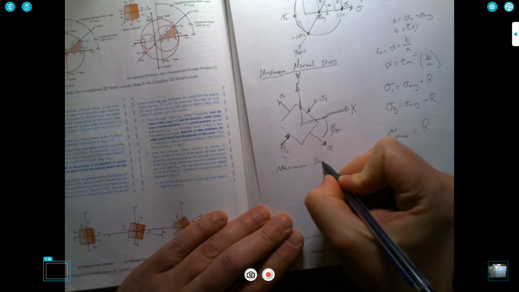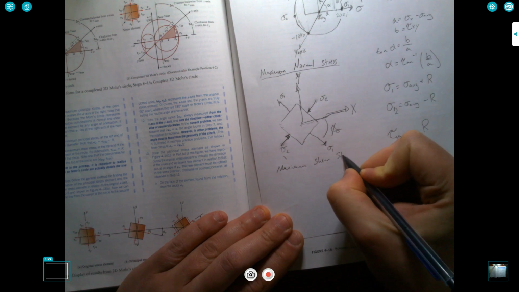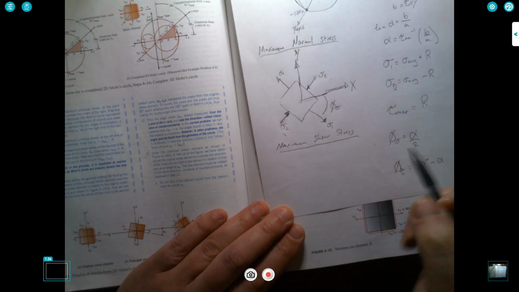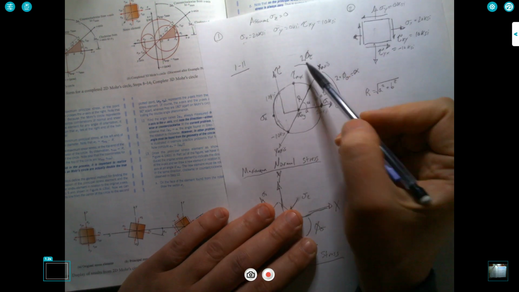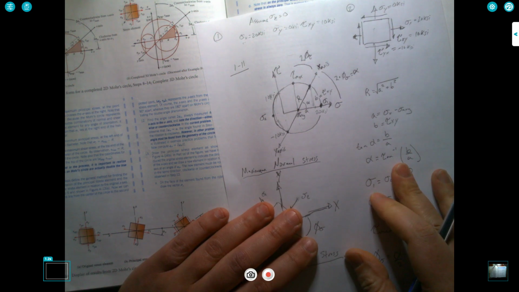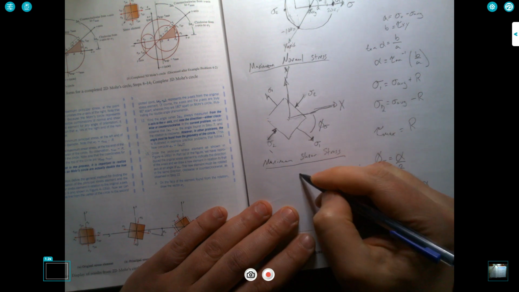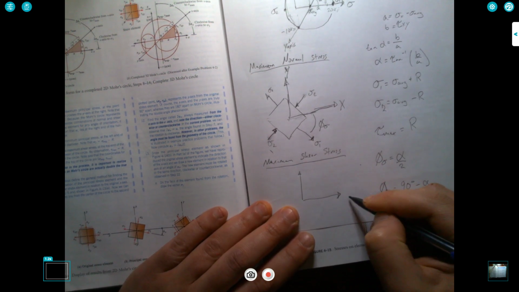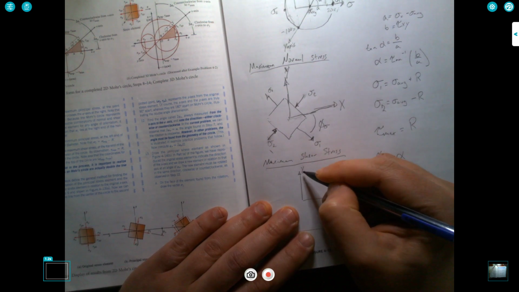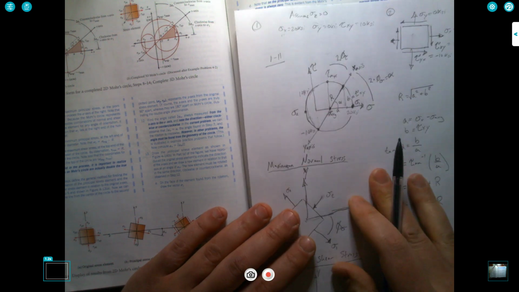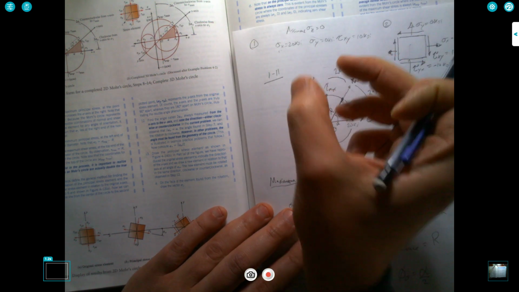And this is our max shear stress element, and in this case, to get to the max shear, we want to rotate counterclockwise to the max shear, right? So draw our x and y axis in the orientation that we initially would have pulled it off of, say, the machine, right?